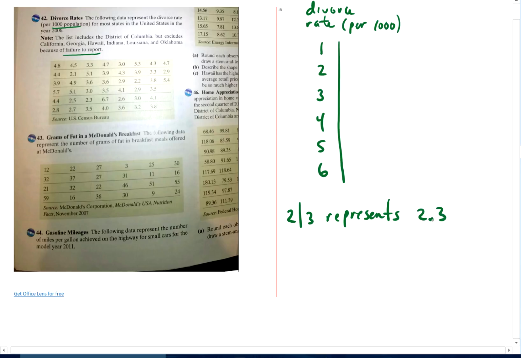And then this up here, it says per 1,000, would mean this is 2.3 divorces per 1,000 people.